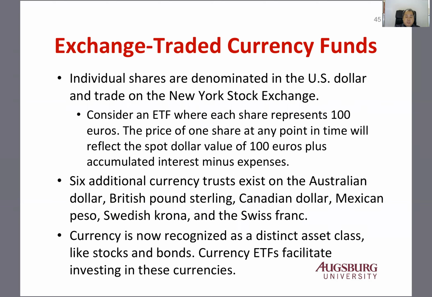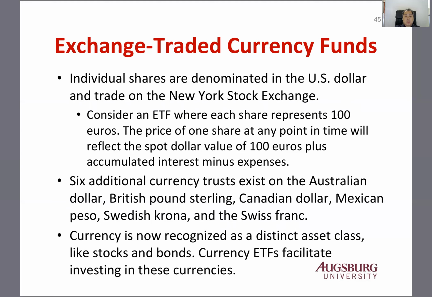Now, individual shares denominated in US dollars are called exchange-traded currency funds, and these funds are traded on the New York Stock Exchange. It's ETF funds. Consider an ETF where each share represents 100 euros. The price of one share at any point in time will reflect the spot dollar value of 100 euros plus accumulated interest minus expenses.